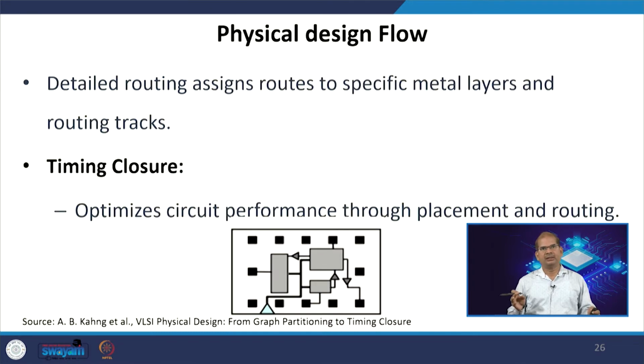The next step, detailed routing, specifies the actual specific metal layers that will go to the tracks. So routing has two parts: detail routing, which assigns the routing to the metal lines, and global routing, which is specific to a region. Global routing is the first step, and detail routing is the second step.